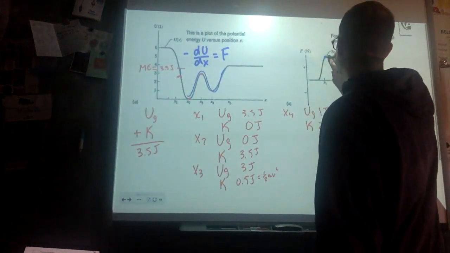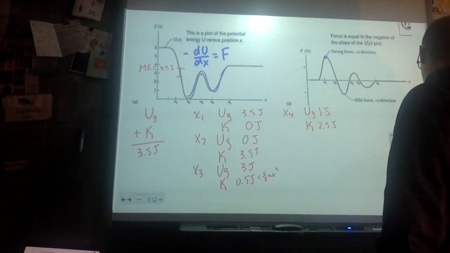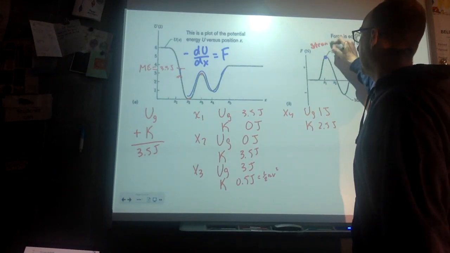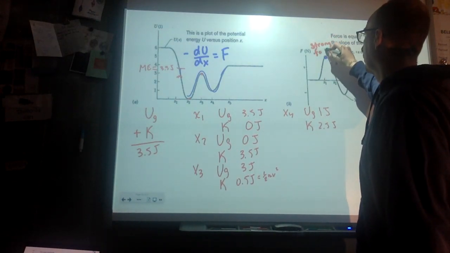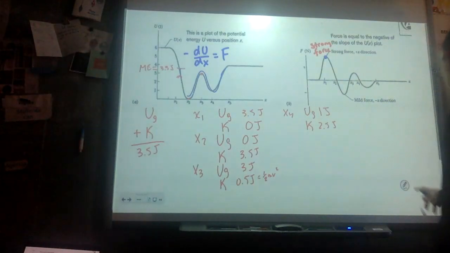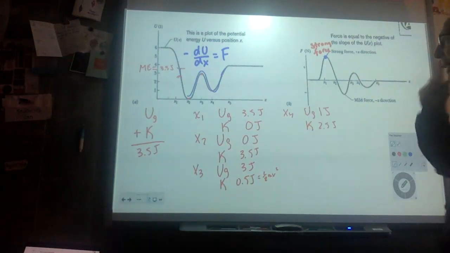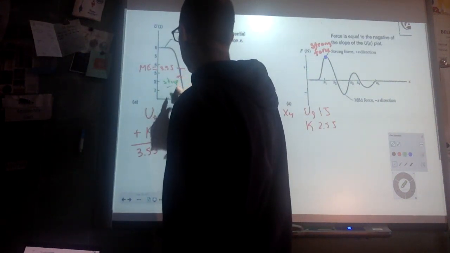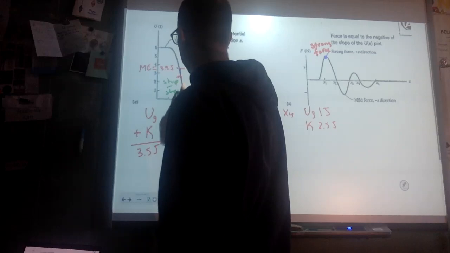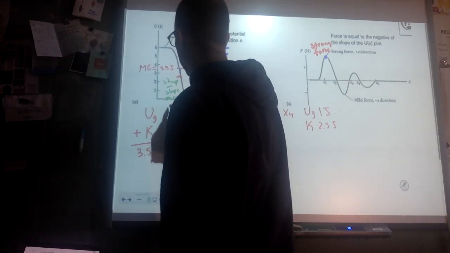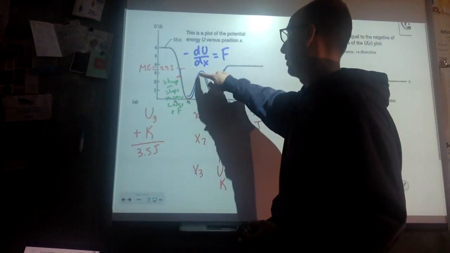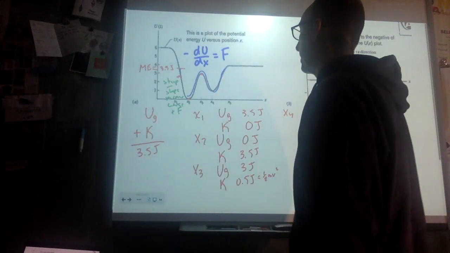And so they plot this as a large force in the x direction. So I have to recognize that a steep negative slope means a large positive force. And some place where I have a positive slope would be the opposite.